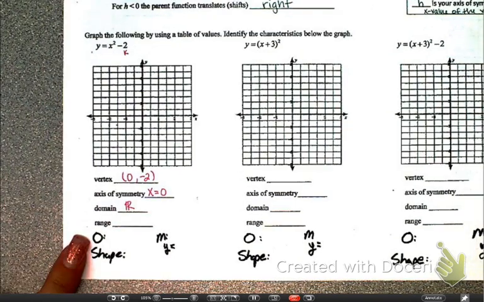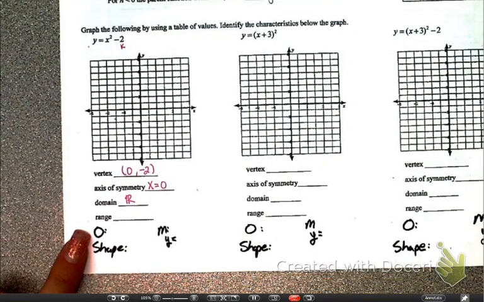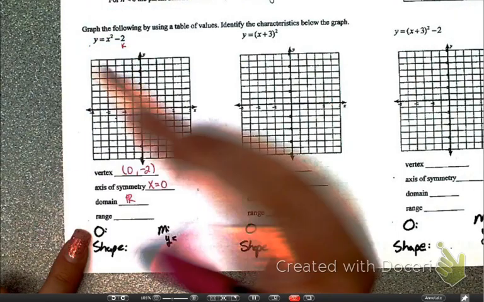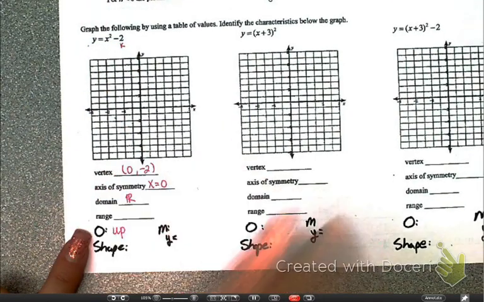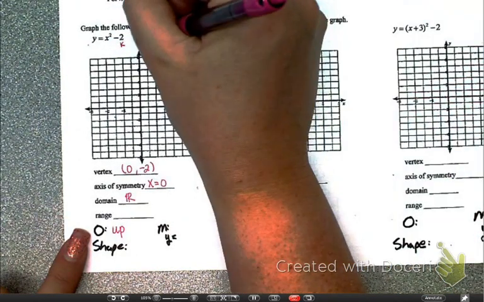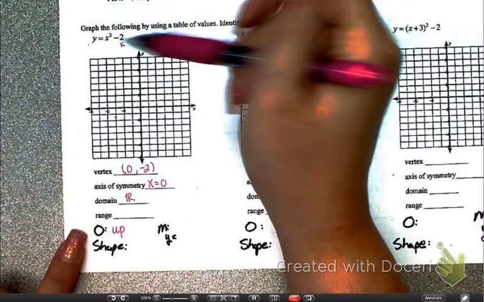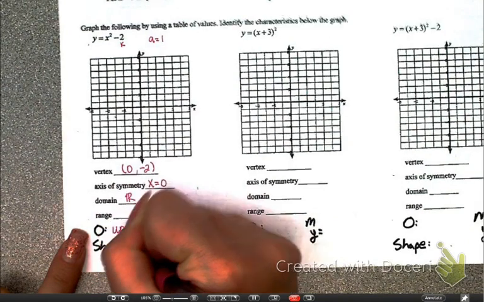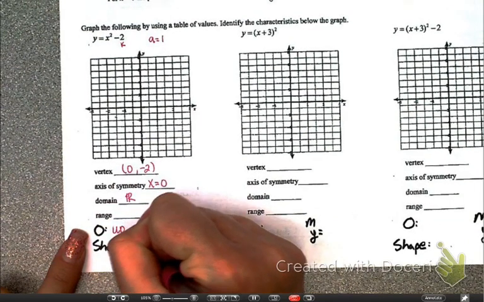Okay, this O stands for orientation. What's the orientation? Does it face up or down? Up. It's a positive. So it faces up. What's my A value? What does A actually equal? 1. So is it a compression or a stretch, or is there no change? No change. Okay.